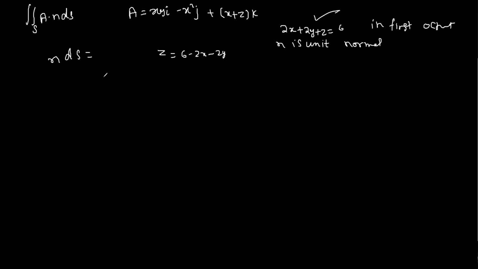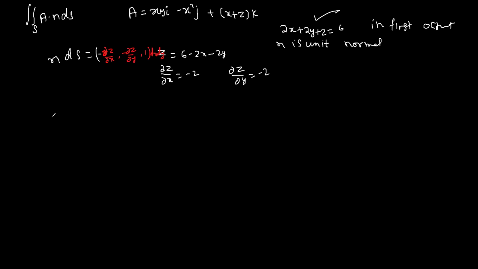The formula of n is, first find del z by del x, which is minus 2. Del z by del y is minus 2. Right? So n ds is nothing but minus del z by del x, comma minus del z by del y, comma 1, dx dy.